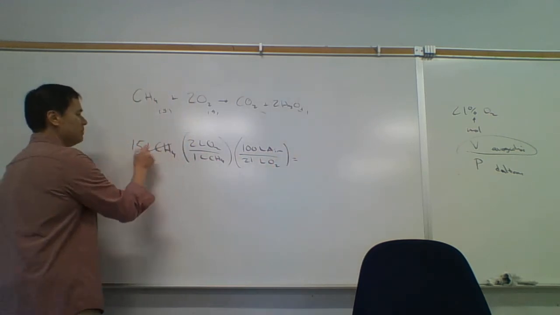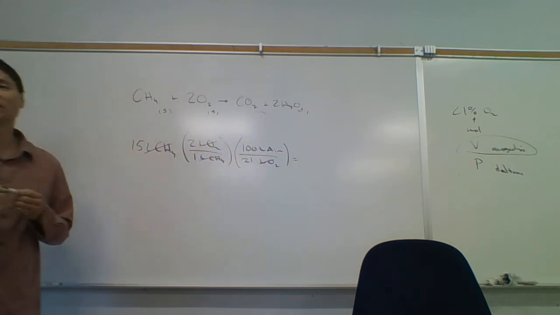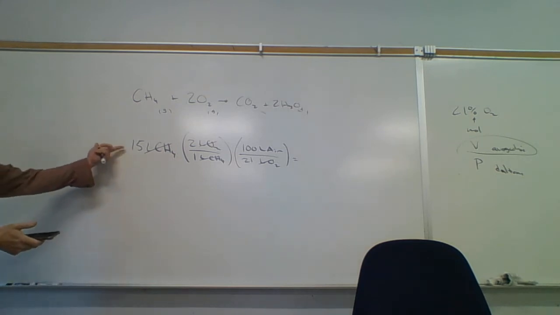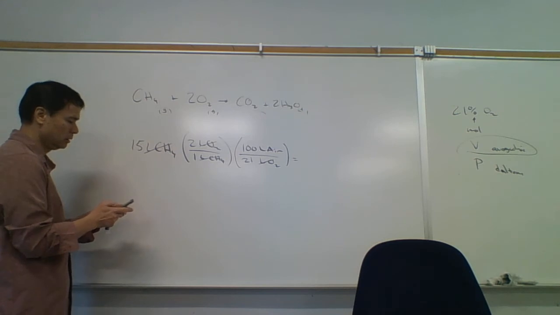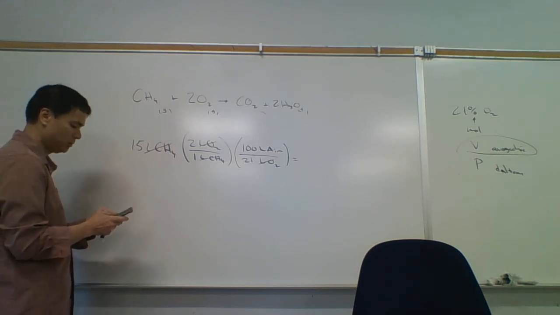And so the liters of methane cancel, liters of O2 cancel, and that leaves us with liters of air. So this would be the easiest, but there are other ways you could do it as well. You could convert it to moles and whatnot, or you could assume STP, or you could assume room temperature and then calculate it. So 15 times 2 divided by 21 times 100.